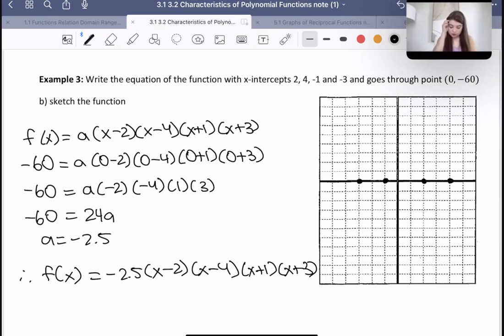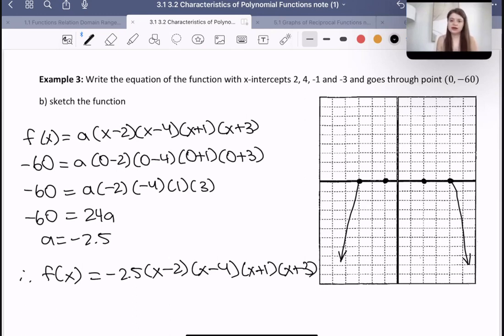We also know the end behavior is going to open down on both sides and go like this, because our leading coefficient is negative, and this is a degree 4 polynomial. And what else? We know that it goes through the point (0, -60), so we've got to use that fact.